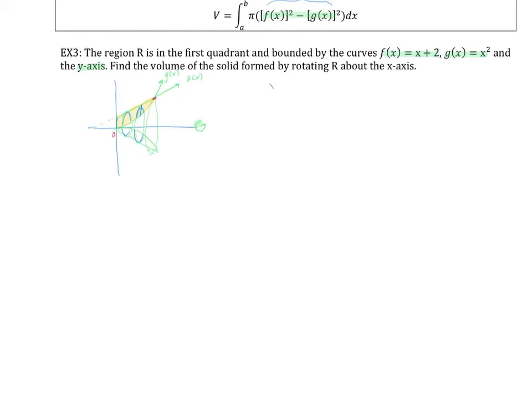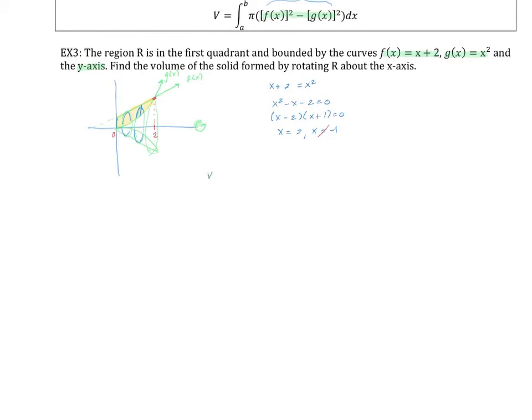If I set them equal to each other, x plus 2 equals x squared, this becomes a quadratic equation set equal to 0, which factors as (x minus 2)(x plus 1). So I have x equal to 2 and x equal to negative 1. Well, we're only concerned with the first quadrant, so we're going to integrate from 0 to 2.